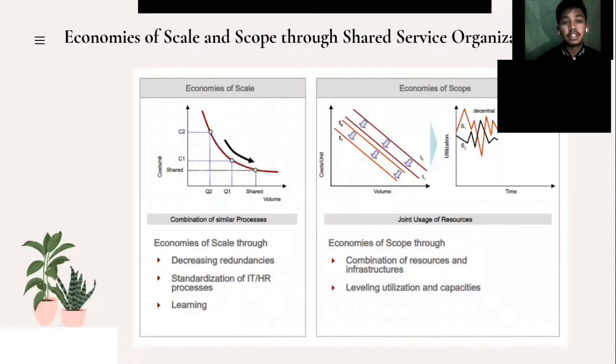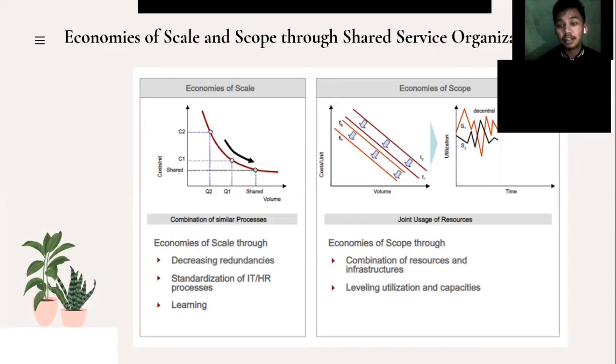Okay, now the economies of scale and scope through shared service organization. There are the curve of economies of scope and economies of scale on our screen. There is a combination of similar processes, which gives economies of scale through decreasing redundancies, then standardization of IT or HR processes, then learning.